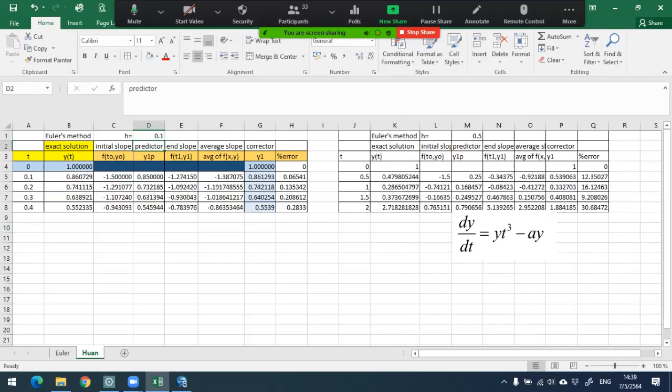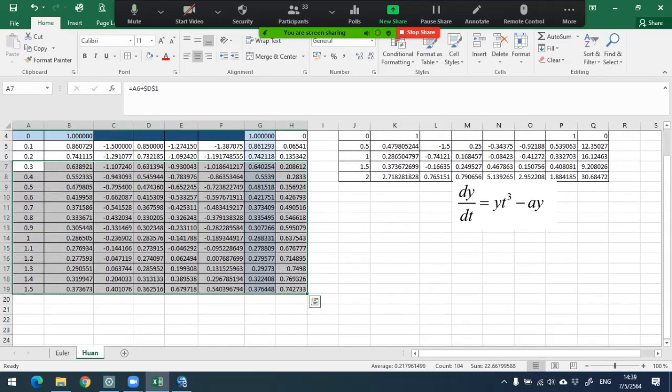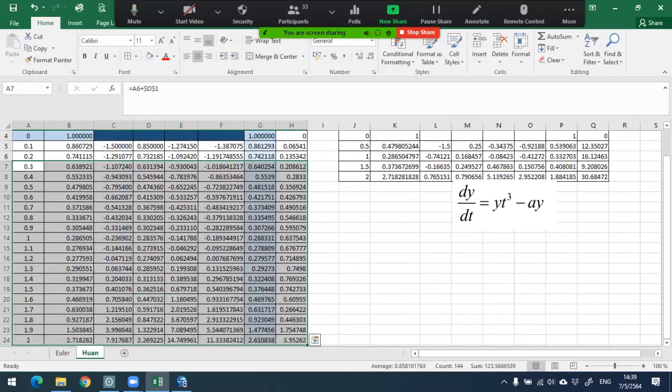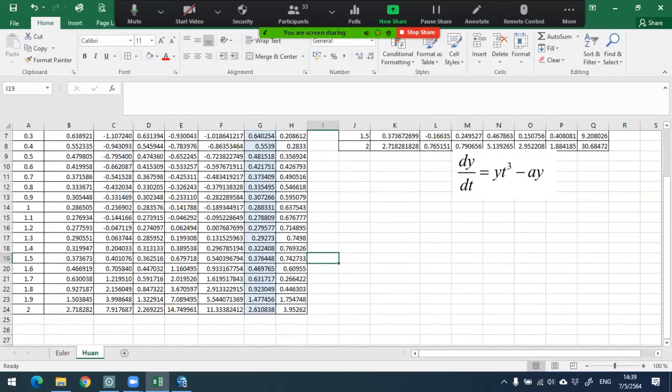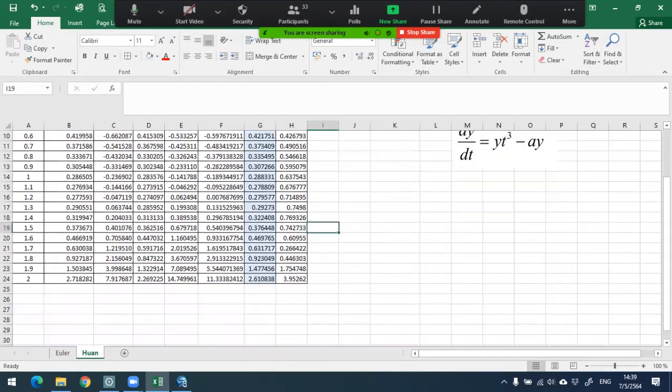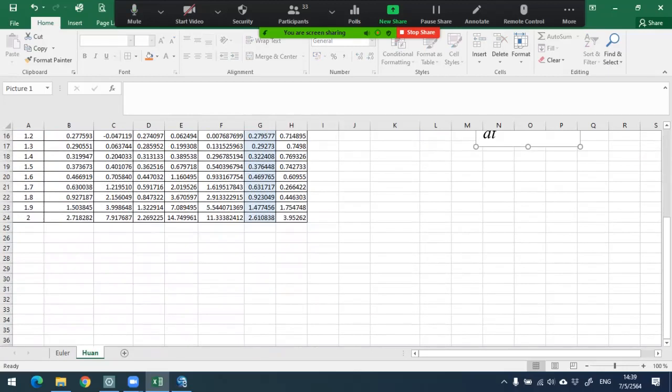If it becomes 0.1, the error is reduced significantly. What happens next? If step size is small enough, so what happens when t equal to 2?